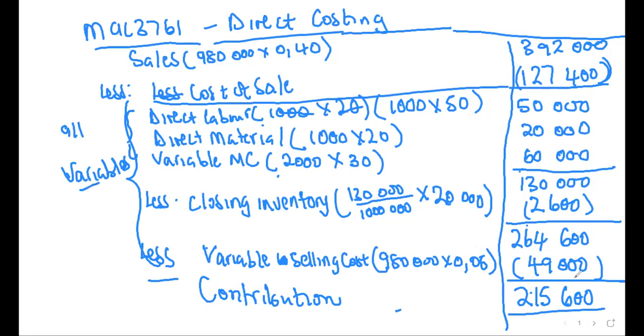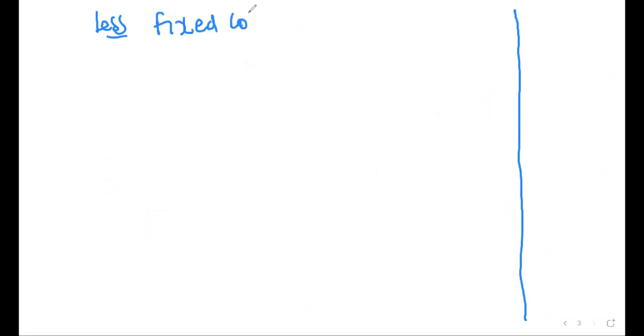So which means when you come here now, since you use all the variables, you're just going to say less our contribution, less fixed cost. Less fixed cost. So you go to the question again and look at all the fixed costs.